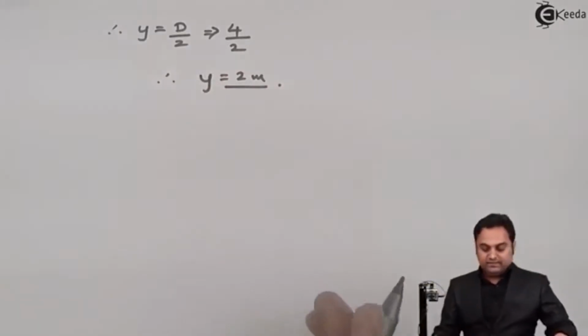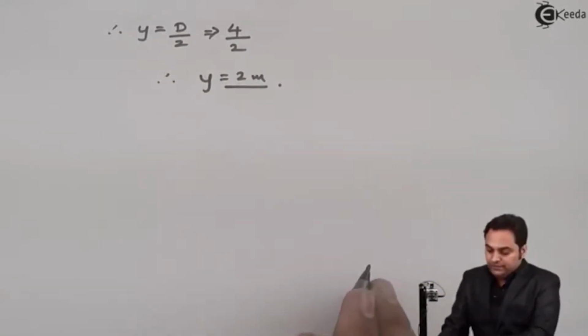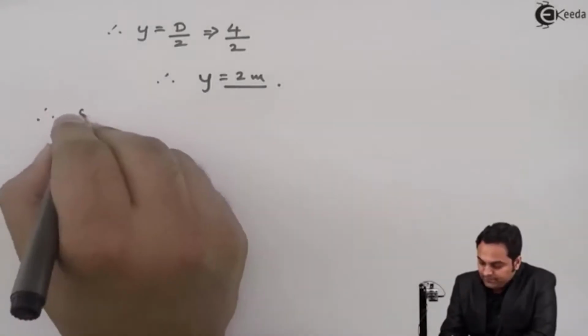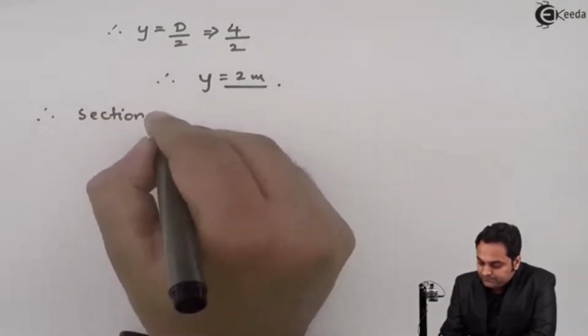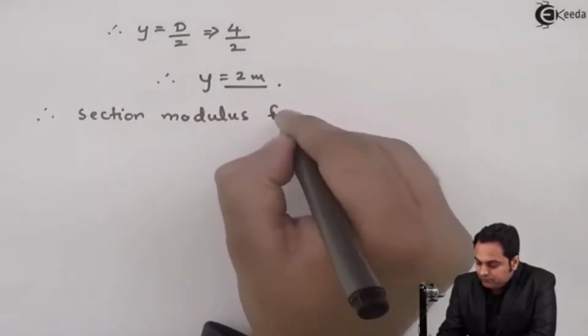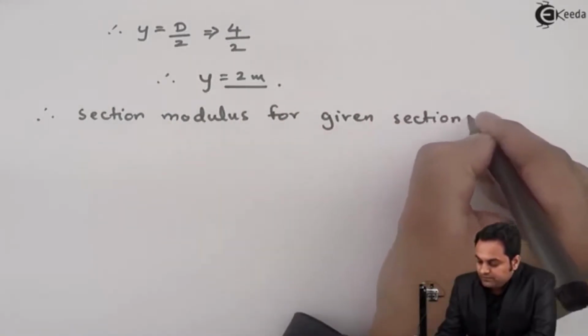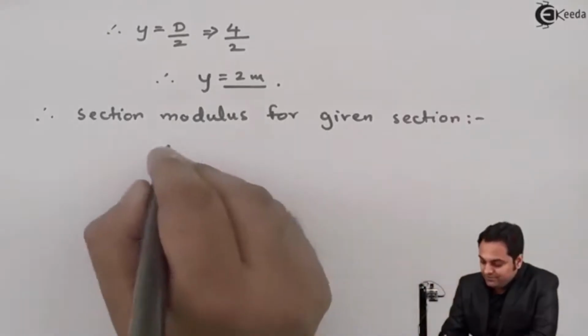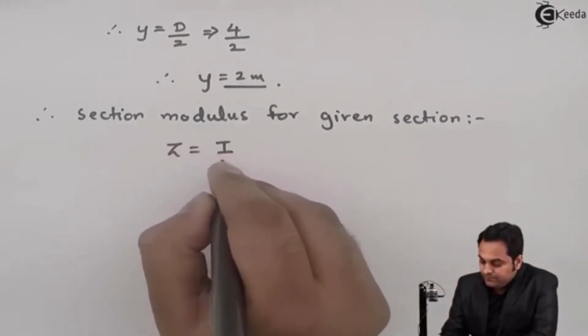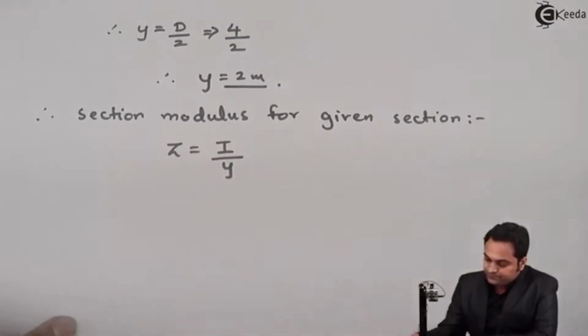After this, once I and y values are there, the section modulus for the given section, and since it is a hollow circular section, z is equal to I upon y.